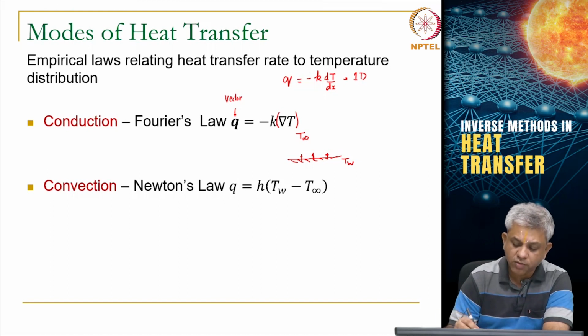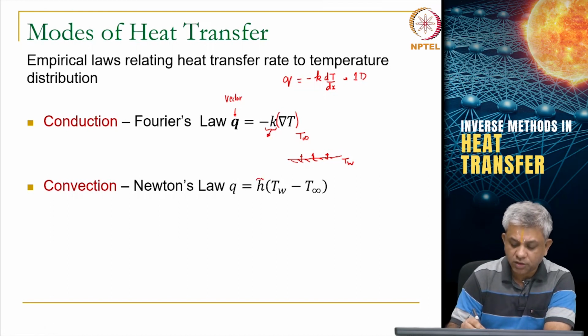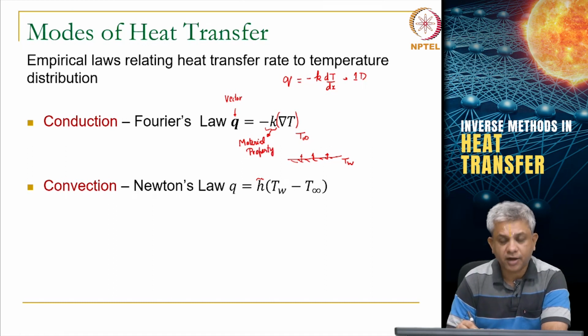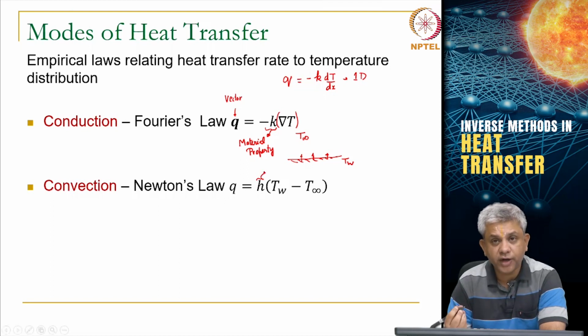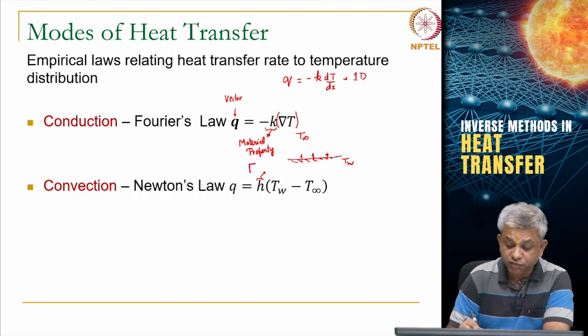Now, there is a difference between K and h. K, the conductivity, is actually a property of the material, a thermophysical property of the material. h, on the other hand, is not a property of the fluid or indeed of the solid. It is actually a property of the flow. Please notice this.